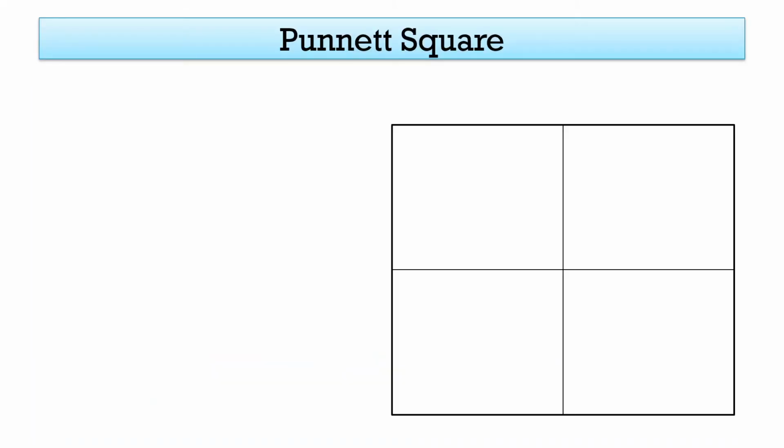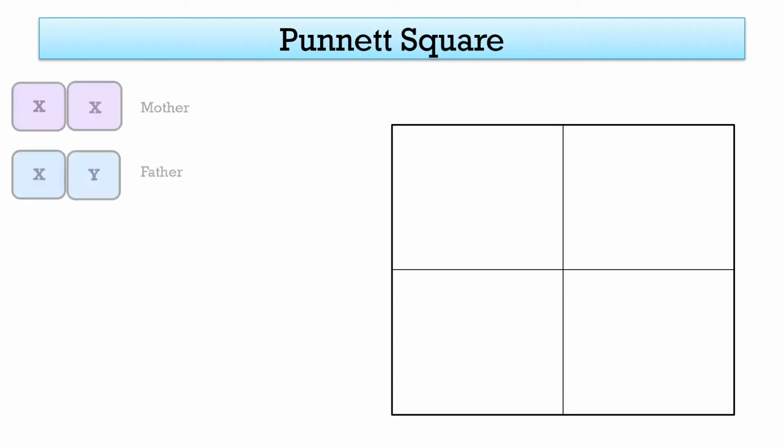So let's take a look at the Punnett square. So the Punnett square is going to help us. It's a genetic diagram, and it will help us to determine the sex of offspring. So we've got our mother and we've got our father here. Remember, the mother, a female, has the X and X chromosomes, and the father has an X and a Y chromosome.